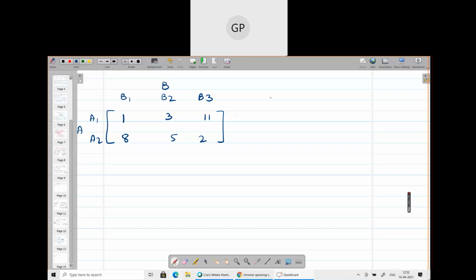In the beginning you will realize that it has a saddle point, so why use dominance principle? But we want to see the application of the dominance principle. Ultimately, you should be able to reach the saddle point using only the dominance principle.